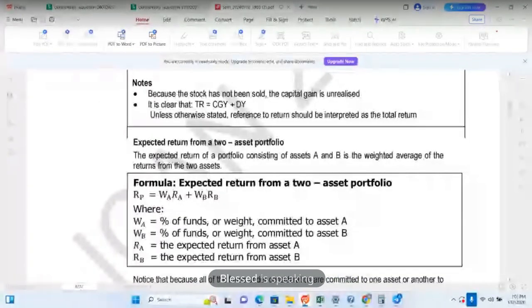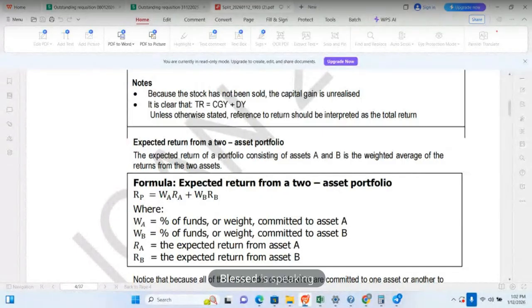Now we have expected return for a two asset portfolio. What we have been doing all this while, the expected return we calculated the other time, is only for one portfolio, maybe you only have one stock, or you invest in only one particular project. But what of whenever you have two assets?